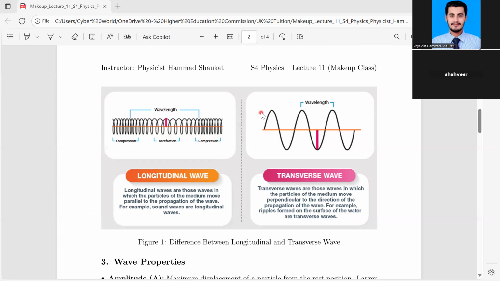Yes, you're right, three. How three? Because as I told you, one crest and one trough make one complete cycle. So this is one complete cycle here. Again, up to here is the second complete cycle, and up to here is the third complete cycle. So this is basically the three waves you can say.